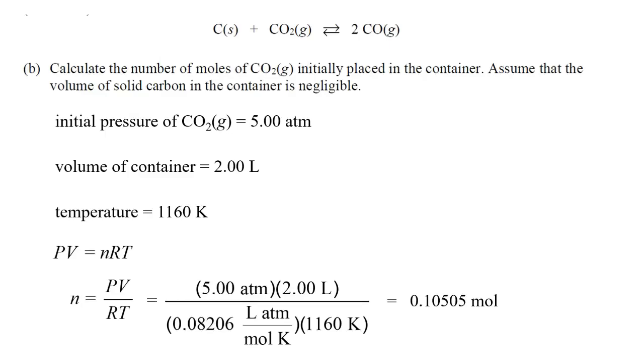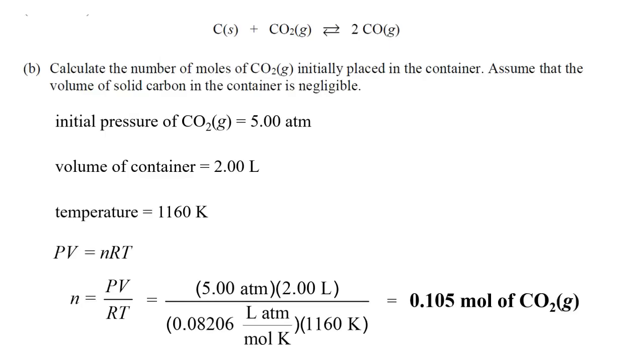Now, considering that the pressure, the volume, and the Kelvin temperature are all expressed with 3 significant figures, I'm going to round off my answer to 3 significant figures, and I get 0.105 for the number of moles of carbon dioxide gas. So again, that was an application of the ideal gas law in part B of this question.